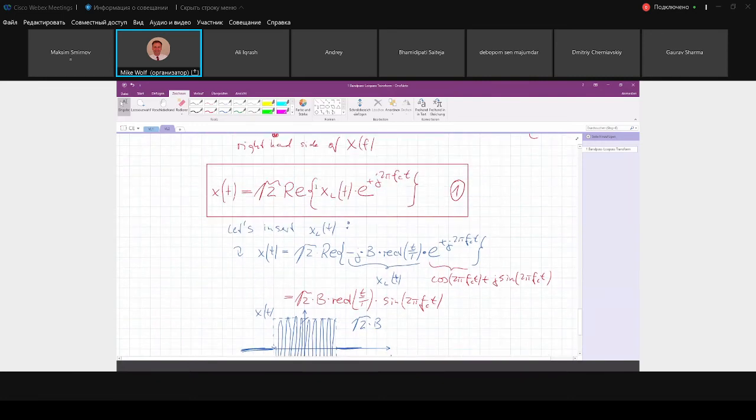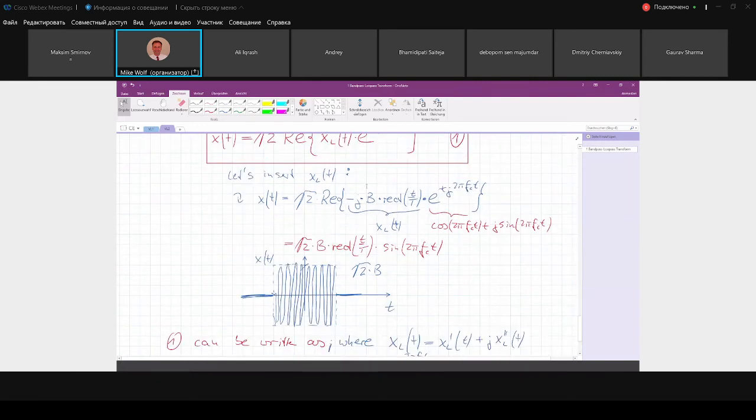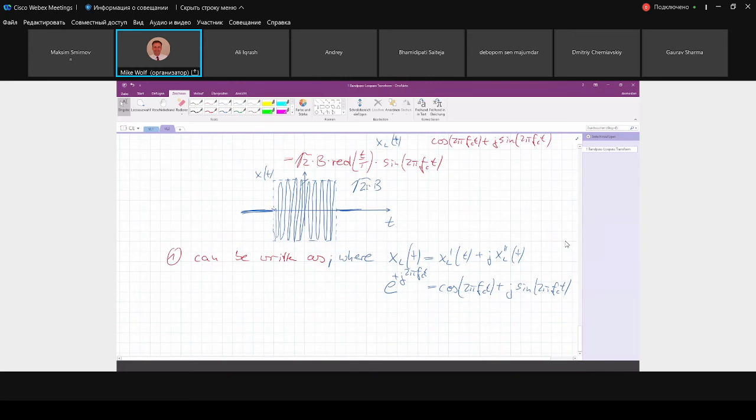Real part of this times this. We multiply this with this and take the real part of what comes out. x of t is equal to, of course, square root of 2, because we need the square root of 2. But then this times this is real, right? This times this, there's no j.